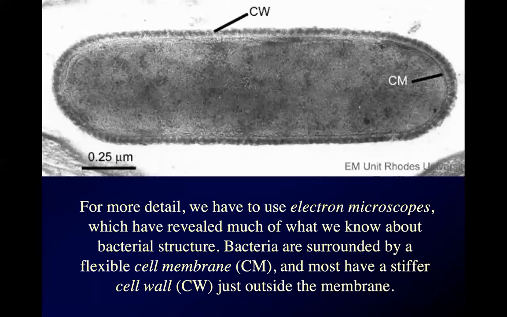So in this slice through a bacillus, you see it just kind of grainy inside. There's not much detail. It's kind of grainy gray fuzz. That grainy gray fuzz is surrounded by a flexible covering called the cell membrane. It's abbreviated CM here. There's a few bacteria where that's all there is, but most bacteria have a stiffer outer covering called a cell wall.